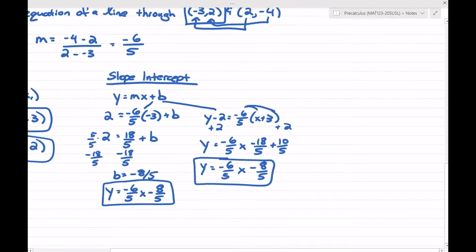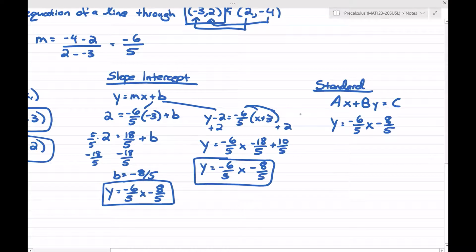And then finally, we'll get this in standard form. Standard form, remember, was ax plus by equals c. And usually we just take a slope-intercept equation and rearrange it. So let's go ahead and do that. We'll take y is equal to negative 6/5 x minus 8/5. First thing we could do is get rid of the fractions.